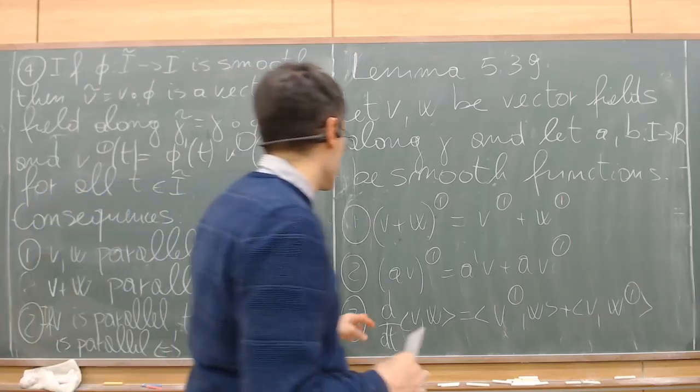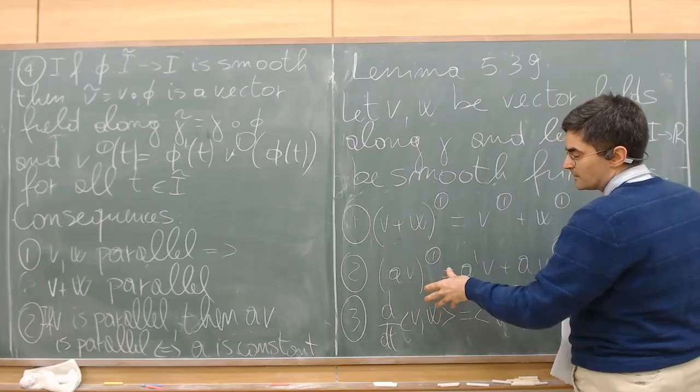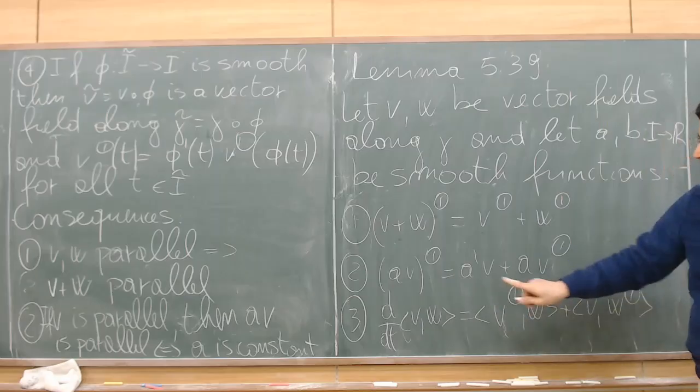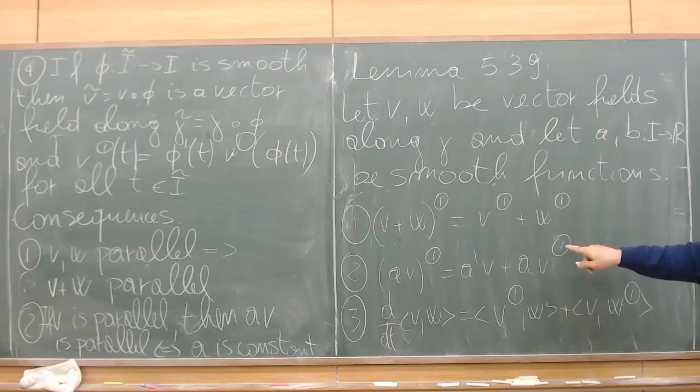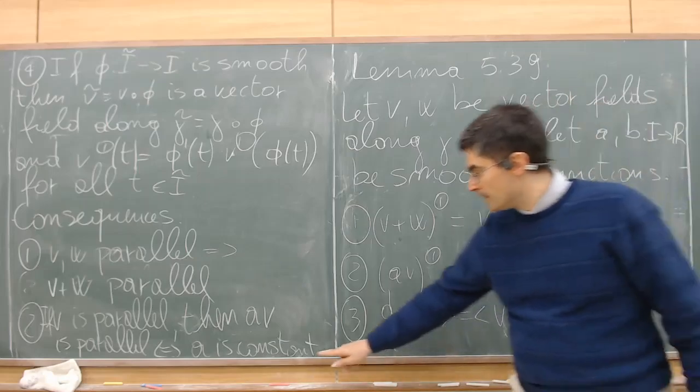And why? Because AV is parallel if this derivative is 0, and this is 0 if both of these terms are 0. This is 0 if V is parallel, and this is 0 only if A prime is 0, which means A is constant.